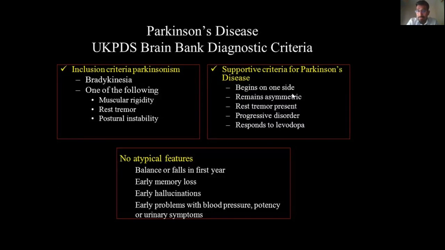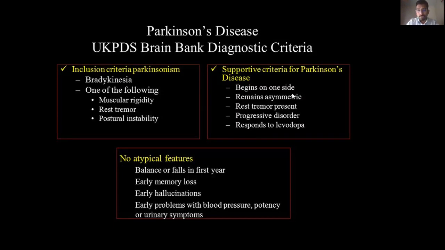Characteristically, Parkinson's disease responds very well to levodopa. In clinical context, when we are not very sure between Parkinson's disease and Parkinson's plus, if you can recall, we sometimes use this as one of the points to differentiate.